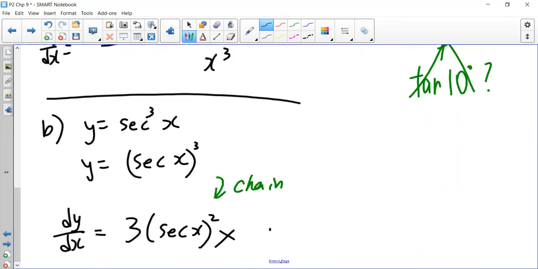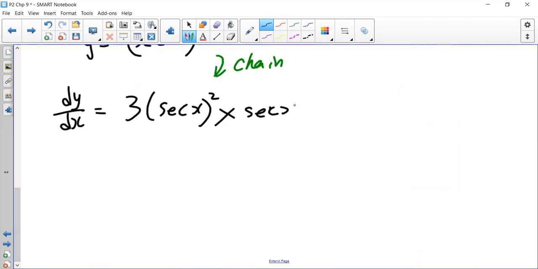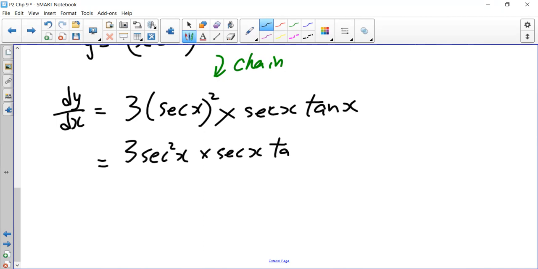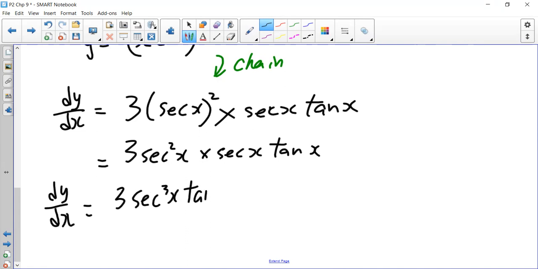So times sec x tan x. I'm going to simplify a little bit. 3 sec squared x times sec x tan x, which could be rewritten as 3 sec cubed x tan x. And yes, that's it. That's the end. All right.